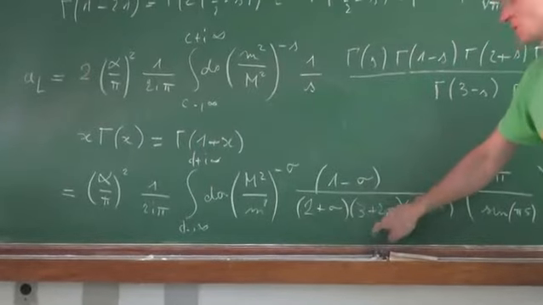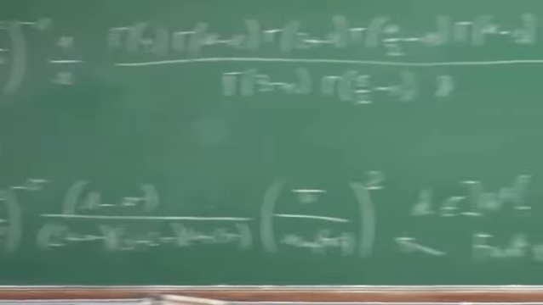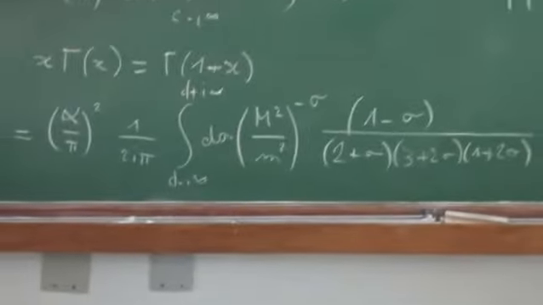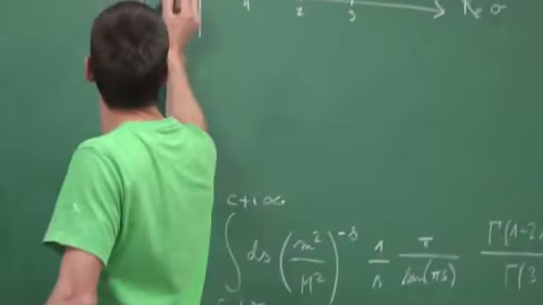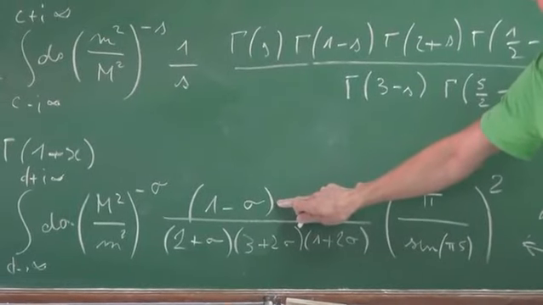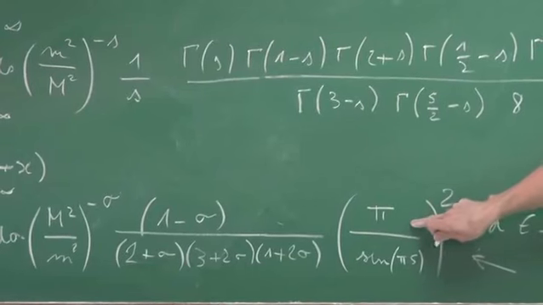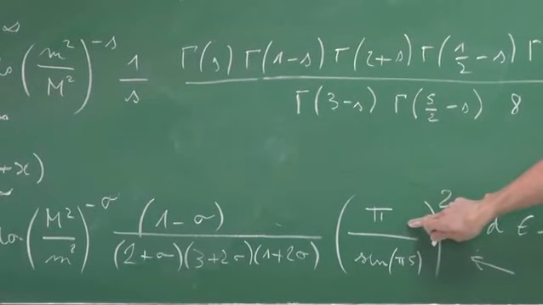But this will give me a singularity at s equal to -3/2 here. This will give me a singularity at -1/2. This will cancel the singularity at sigma equal to 1. And this gives double poles at all integers, negative and positive.